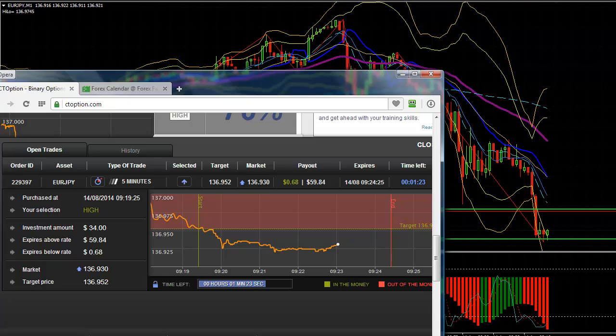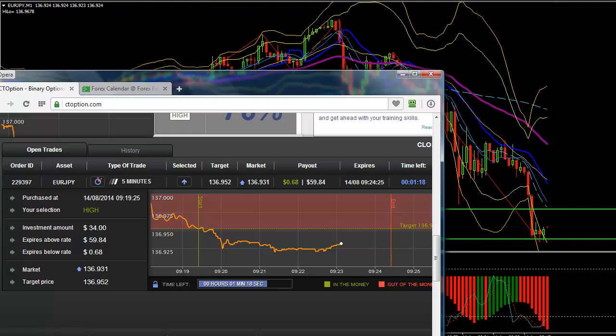On the 1 minute chart, we've got a green candle and the stochastic's turned up. It's oversold, so we're a chance here. It's just a matter if it makes it back in time. This could be a nail biter.